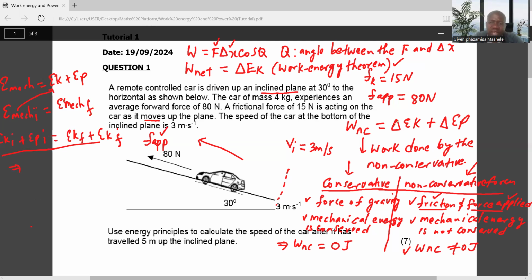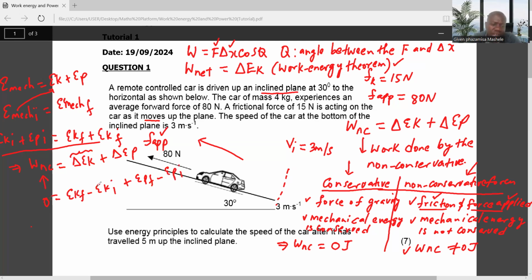Remember we said the work done by the non-conservative force is the change in kinetic plus the change in potential. If this work done by the non-conservative force is 0, look what's going to happen. The change in kinetic is kinetic energy final minus kinetic energy initial. The same applies to potential energy: final minus initial.